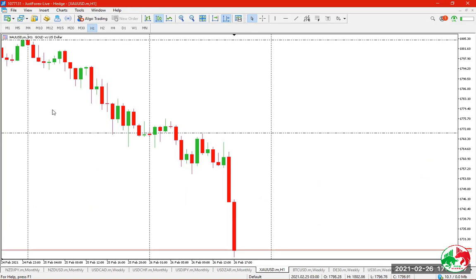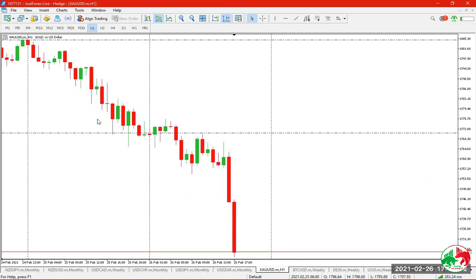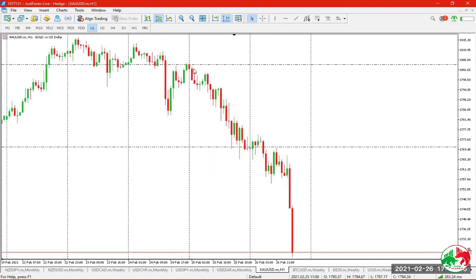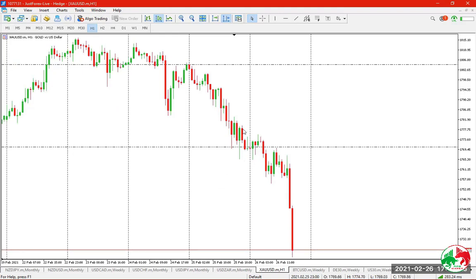Then you can go to the 1 hour, the hourly chart. This was the previous day. You will look for clean imbalances on the hourly chart. Do you see any clean imbalances from the previous day? Yeah, I am seeing a clean imbalance. Which one?